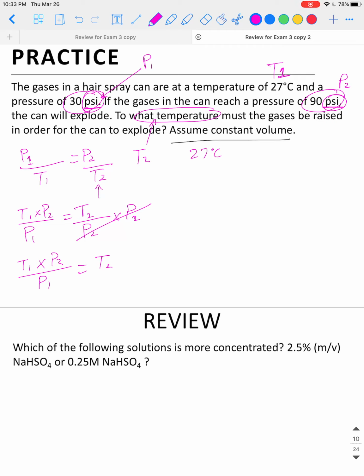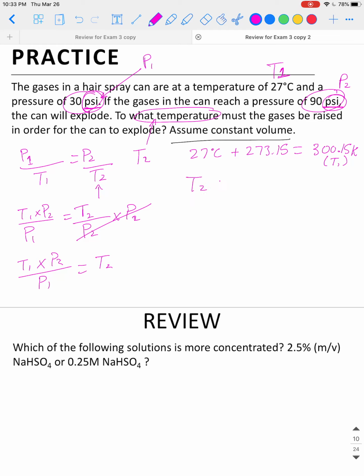The only thing we need to do is convert 27 degrees Celsius to Kelvin. Hopefully this is something you can do in your sleep by now. And so that gives us 300.15 Kelvin. All right, and this is our new T1 temperature.